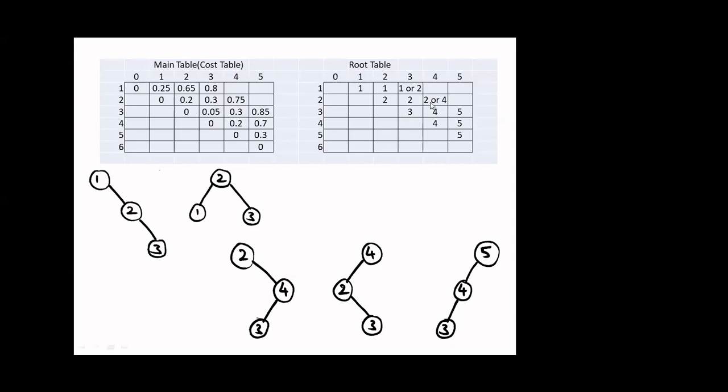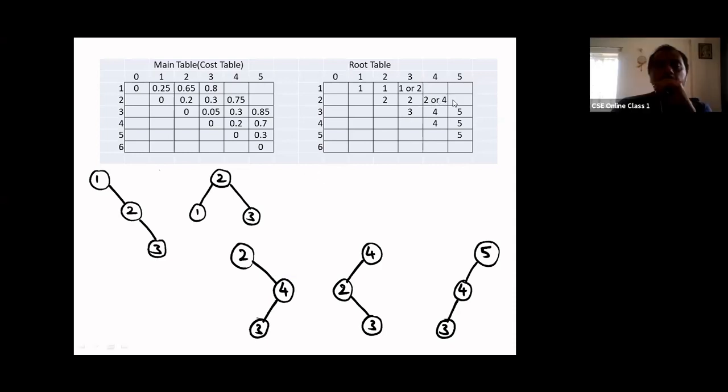The same applies if you choose key 4 as a root. Then the leftover nodes are 2 and 3. Among 2 and 3, we check from 2 to 3 which is the root, where 2 is the row and 3 is the column. You can see in the root table we have 2.